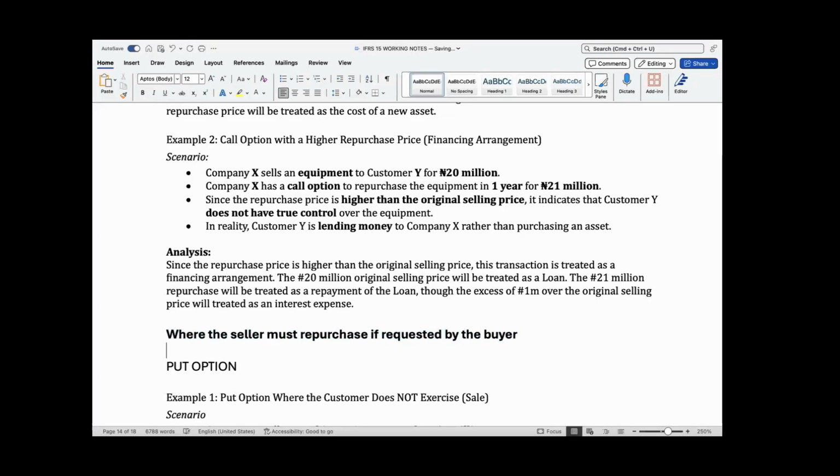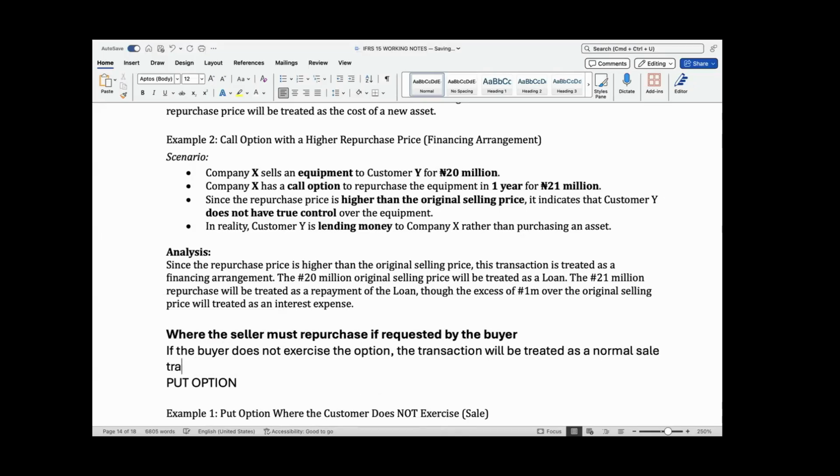So in this case, if the buyer does not require the seller to buy back, so if the buyer does not exercise the option, that means it's a sale. You will just treat it as revenue. So the transaction will be treated as a normal sale transaction.